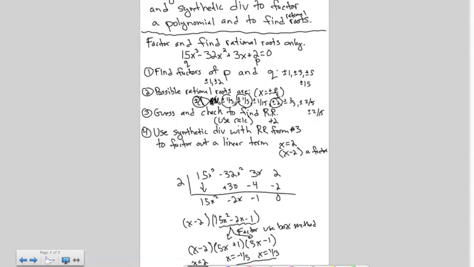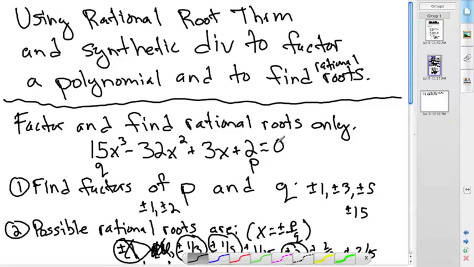So it would work either way. If you checked the positive 1/3 in synthetic division, you would still get the same factored form. If you have any questions, come see me after class or before school or during lunch.